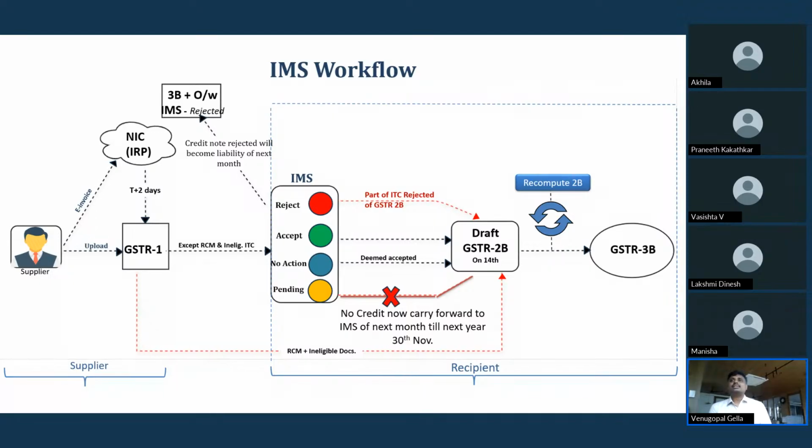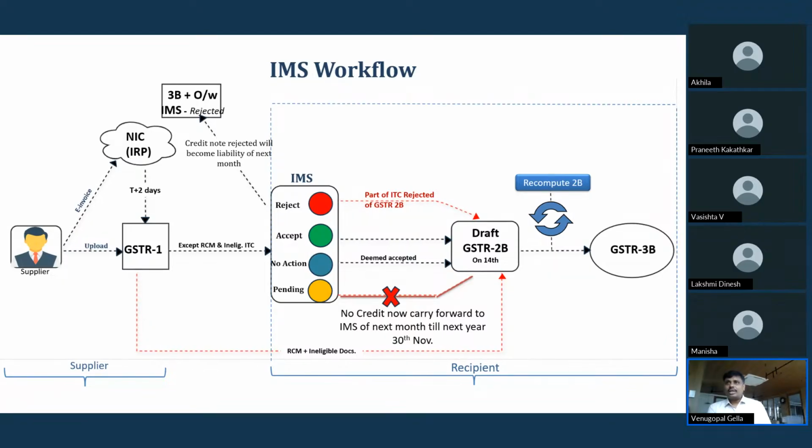Last, the supplier has filed R1 within the time, and you are marking it as rejected. So the document will travel back to the supplier saying that the recipient has rejected the credit, and the recipient will not get the ITC.